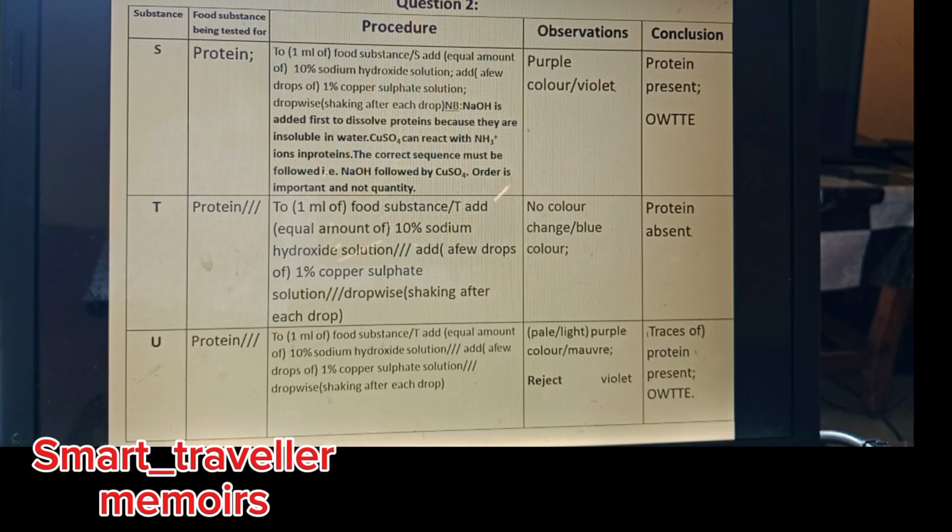So let's go through the table. For S, the food substance being tested was protein. To 1 ml of food substance add an equal amount of 10% sodium hydroxide solution, a mark, and a few drops of 1% copper sulfate solution, a mark.